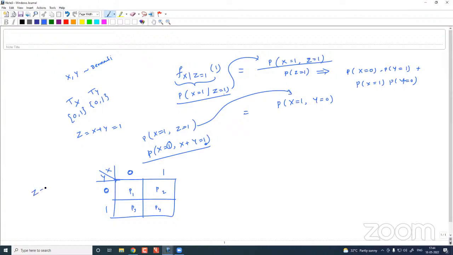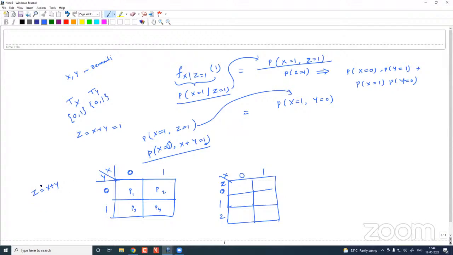So if my z is equal to x plus y, and I wanted to find the joint PMF for x and z. So when x is equal to 0, z can be equal to what? 0, right? Because z is x plus y, so when x is 0 and y becomes 1, at that time z can be 1.